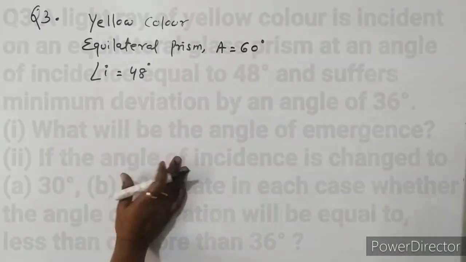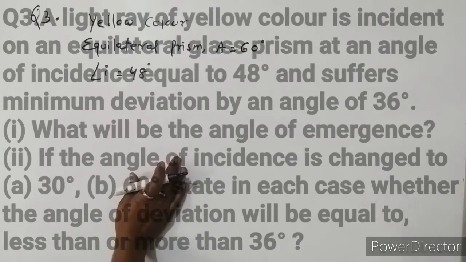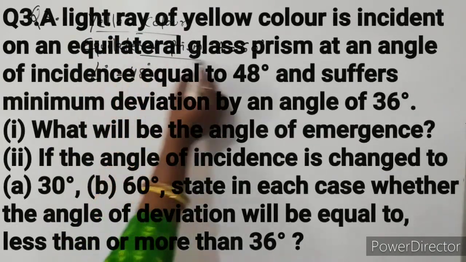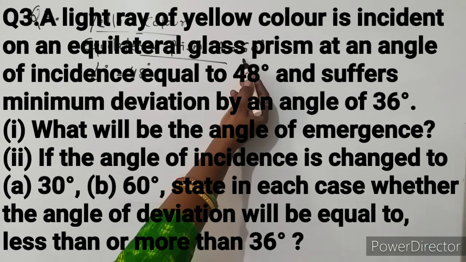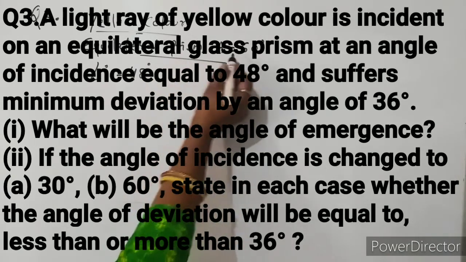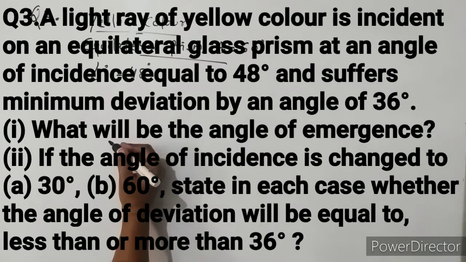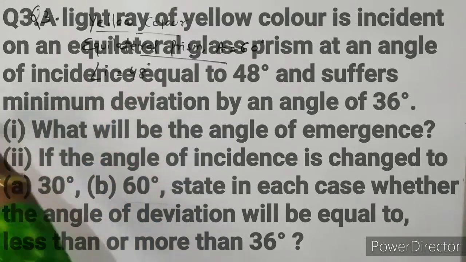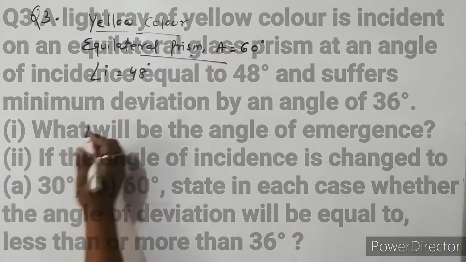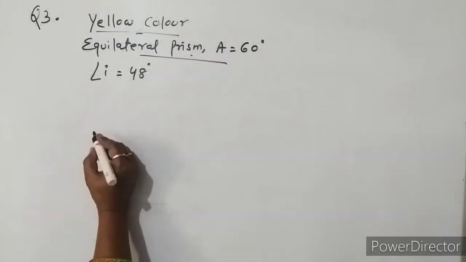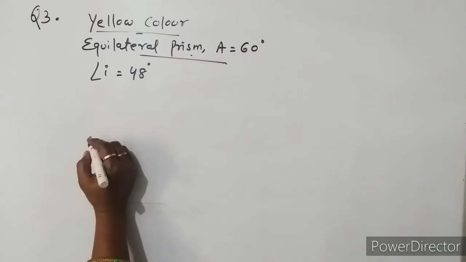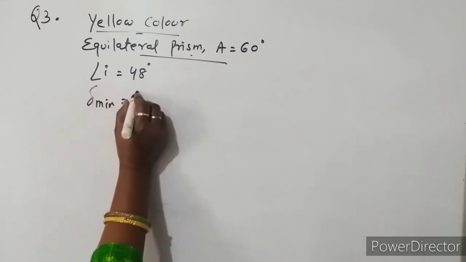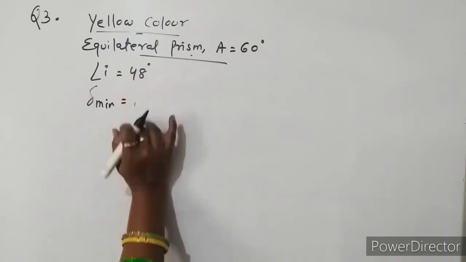So the next question is about yellow color. Yellow color light is incident on an equilateral glass prism of angle equal to 60 degree. Obviously angle A will be 60 degree. And the angle of incidence is equal to 48 degree, and one thing is specified, it suffers minimum deviation by the angle of 36 degree.